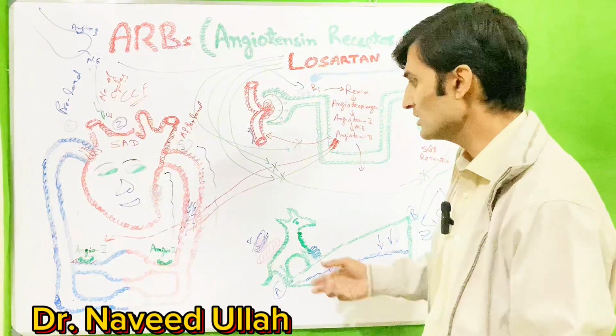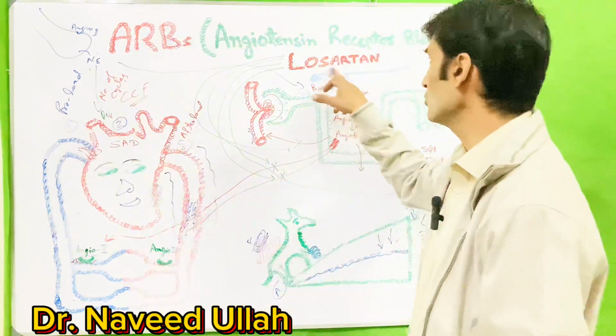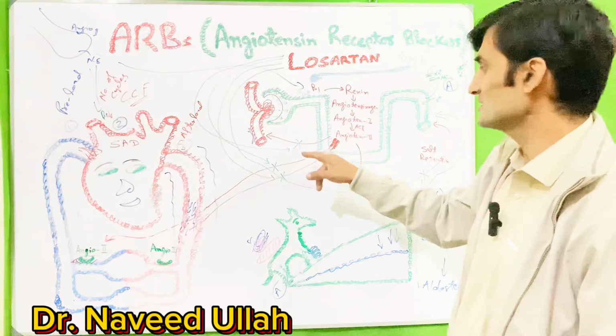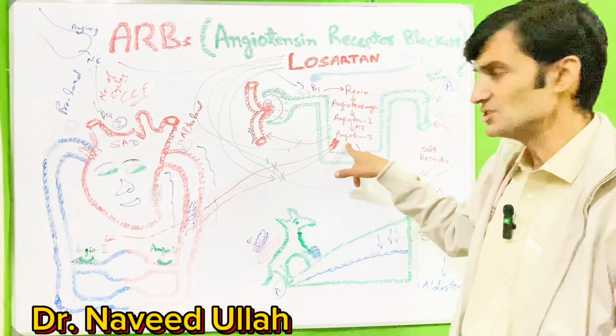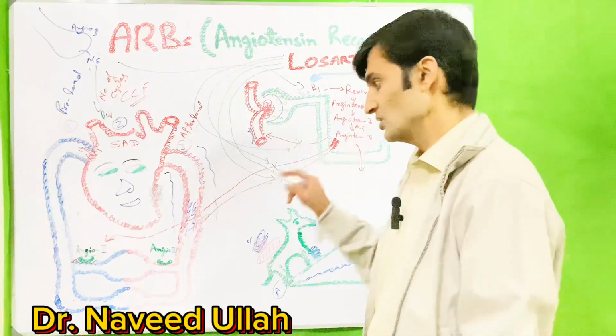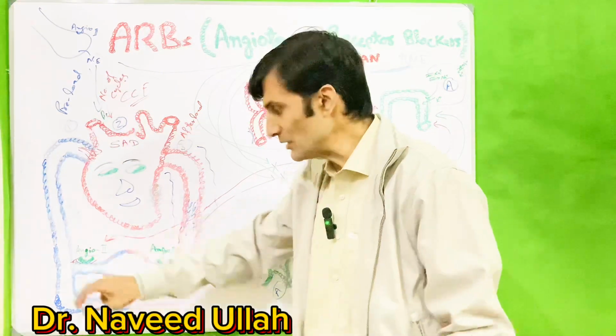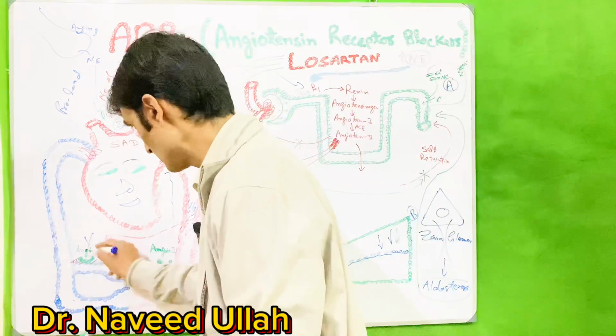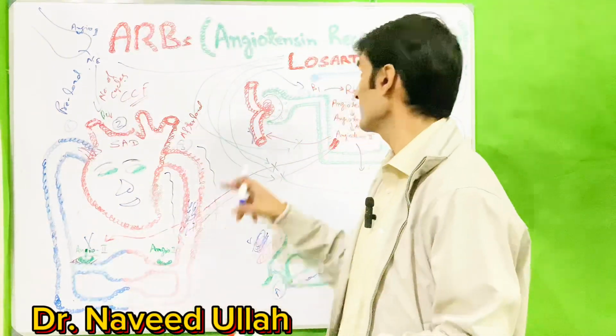So how can we give rest? We will give losartan, valsartan, candesartan. What will happen? Losartan will cause inhibition of angiotensin 2 receptors. The receptors on veins will be inhibited by losartan.